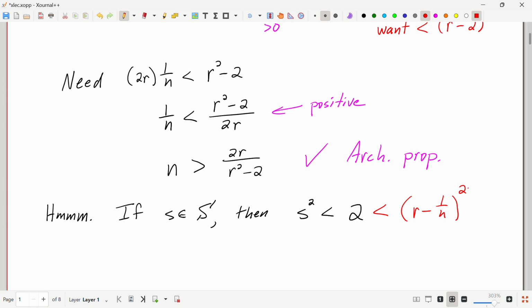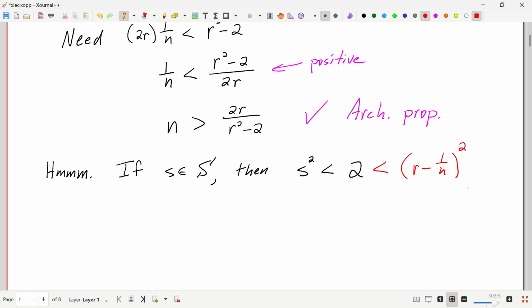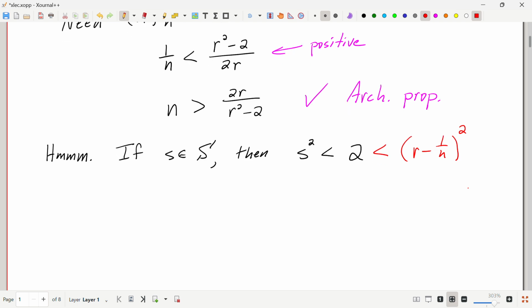And you stare at that for a second. And the thing that maybe feels weird is that there's a 2 in there. And you don't want to take the square root of 2, but you don't know the square root of 2 exists. So here's the breakthrough. When I have s squared is less than R minus 1 over n squared.